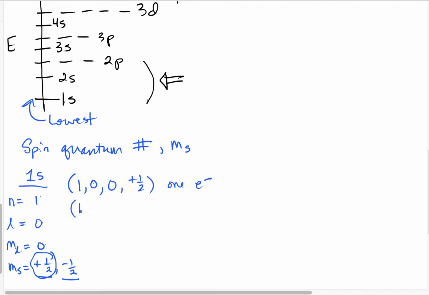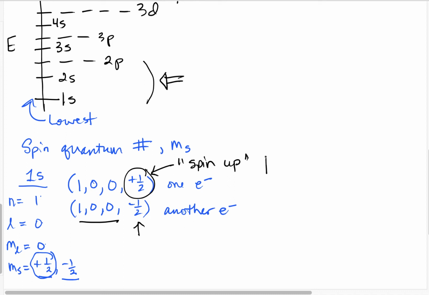And then a second electron that can also be in the 1s orbital, but it has minus 1/2 as its fourth number. And so even though these three numbers are the same, because the spin number is different, now these two electrons can be in the same orbital. And so typically when we talk about spin up electrons, that's what this positive is called. This is called spin up.